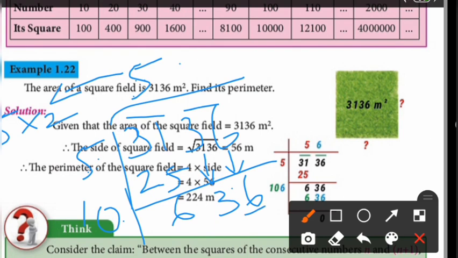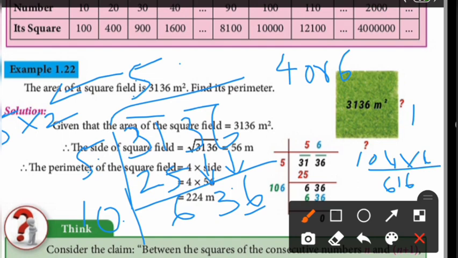Here 6 is there. A number that ends with 6 means 4 or 6. Let us take it as 4. 104 into 4: 4 4s are 16. Remainder 1, 0, 1 and then 1 6 is 6.